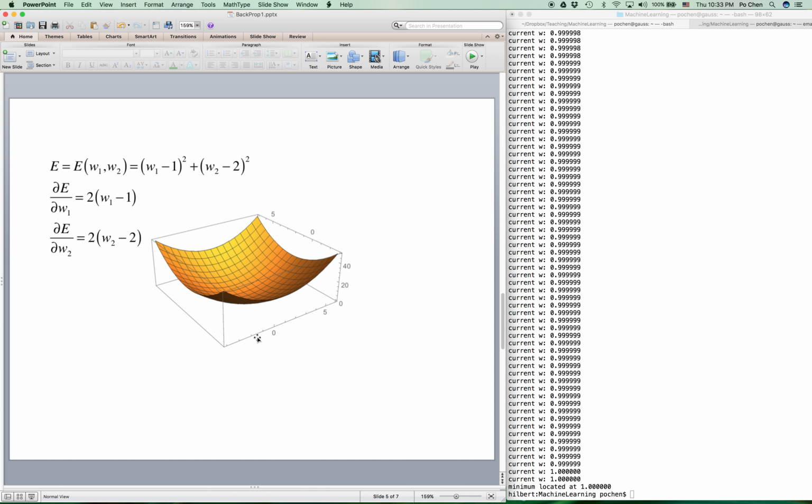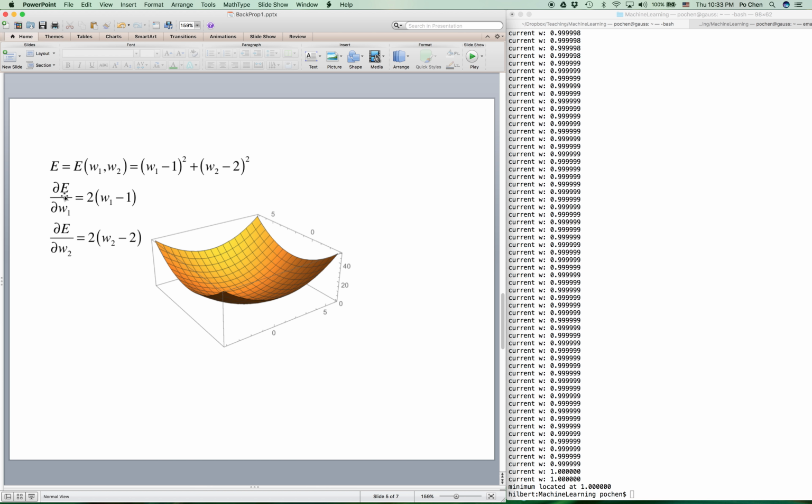Here are the two horizontal axes, W1 and W2, and the vertical axis is the error E. So E is actually a surface. It's not a line anymore, it's a surface, right? Because we have two independent variables now, we need to use partial derivatives.